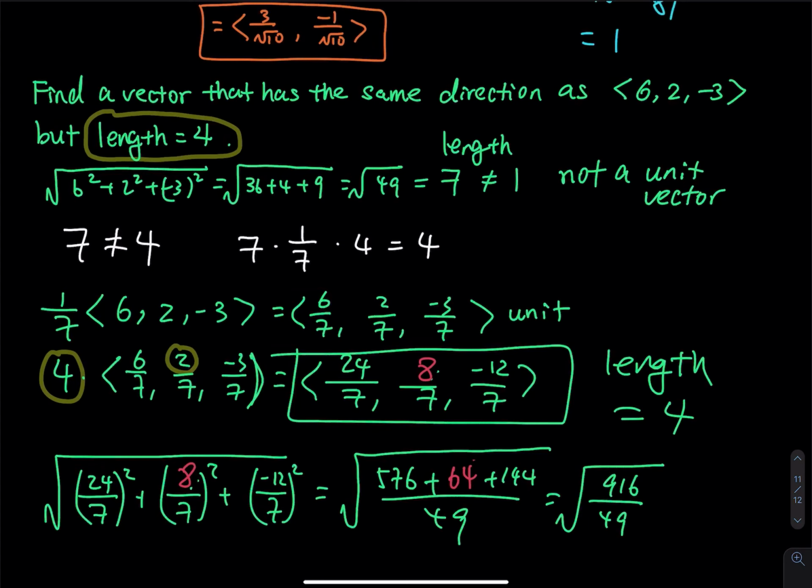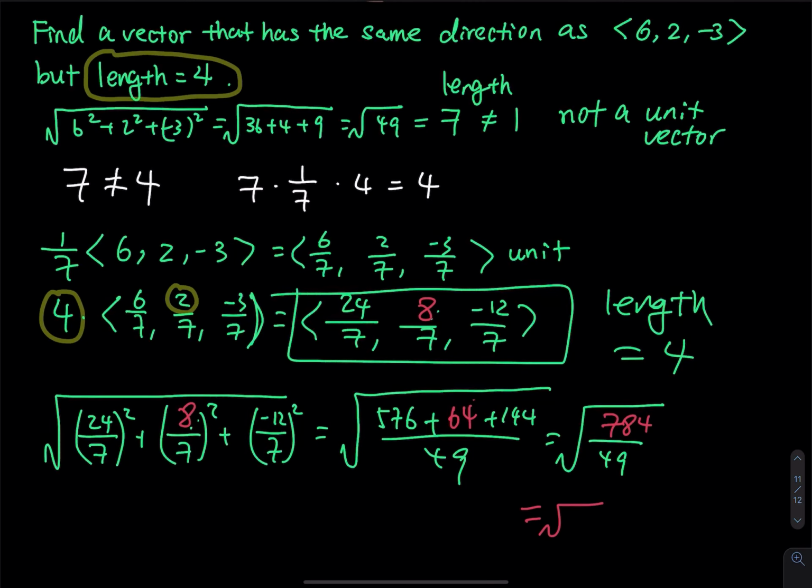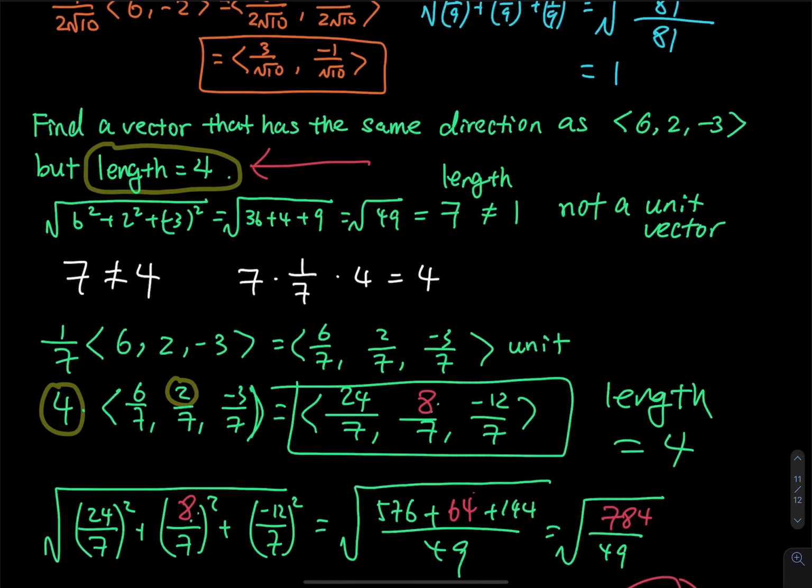So let's erase the 916. The sum is equal to 784. So we have 784 divided by 49. Then that will be 16. So that is equal to the square root of 16. Then that is equal to 4, which is exactly what the problem is asking.